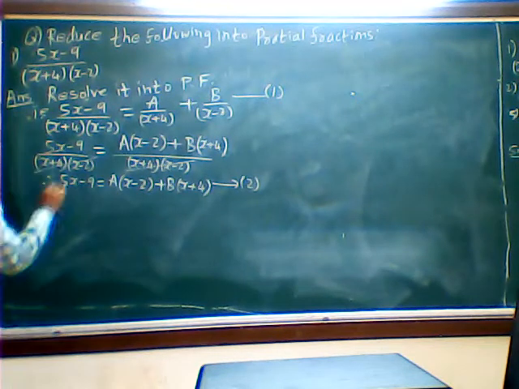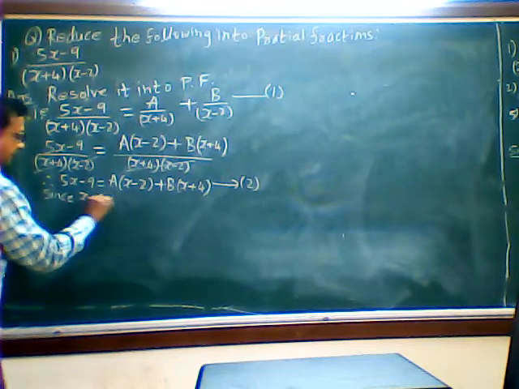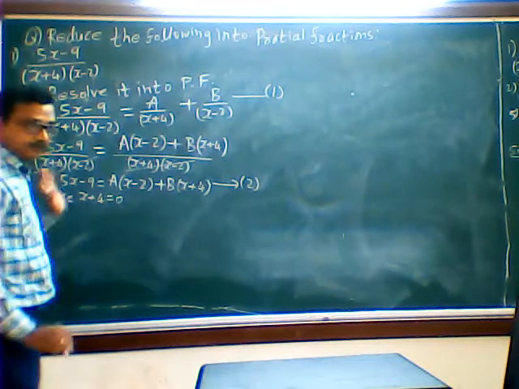Now since x + 4 is equal to 0, I will equate it to 0.